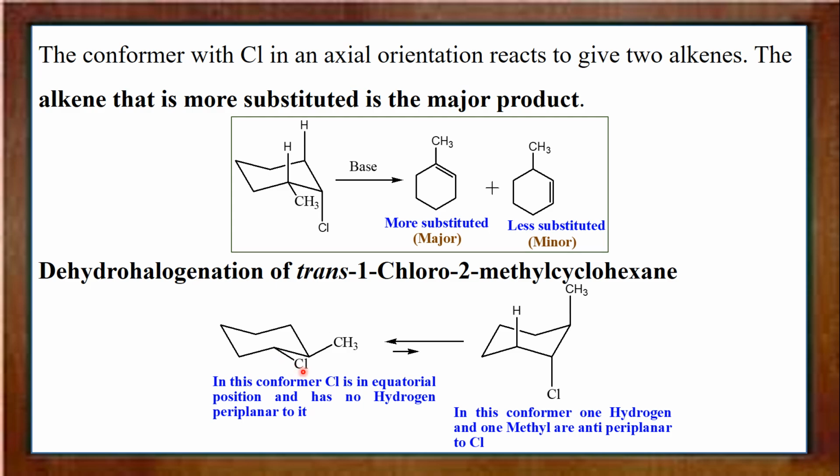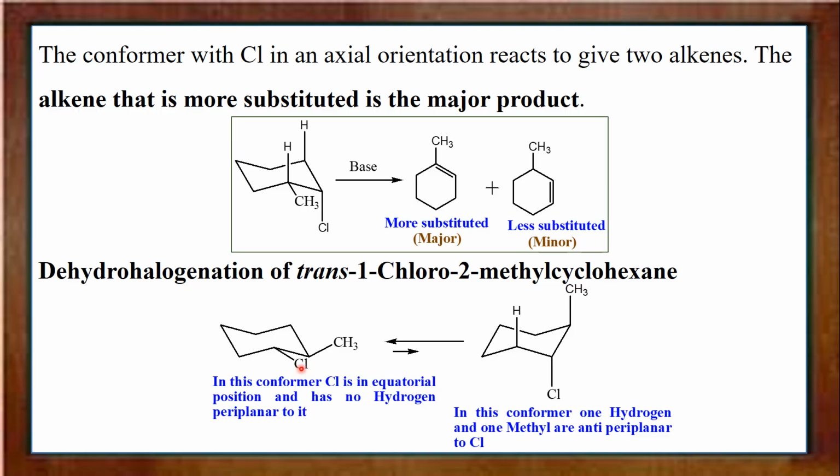Here both chlorine and methyl are oriented in equatorial direction. One is downward alpha bond, another one is upward beta bond. Therefore, this is the trans conformer. Here, chlorine is the leaving group. It is oriented in the equatorial direction.